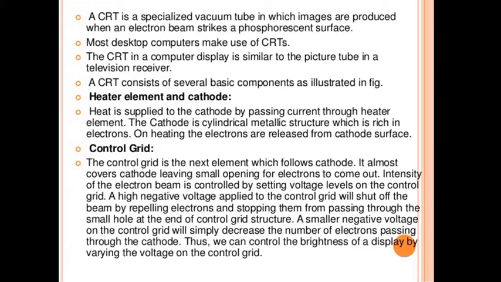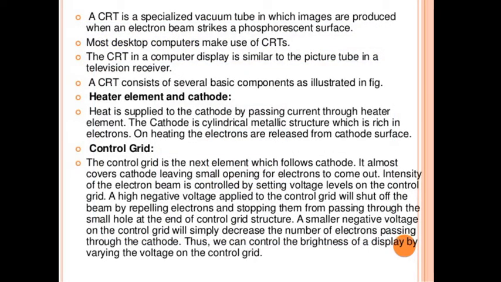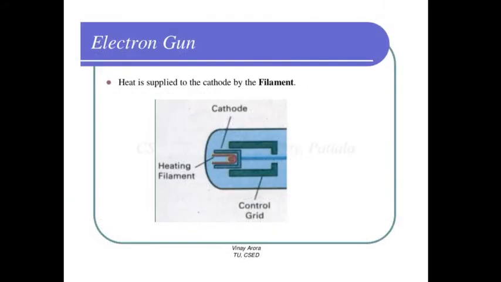A CRT consists of several basic components. We'll discuss them one by one. The first element is the heater element and cathode. Heat is supplied to the cathode by passing current through the heater element.